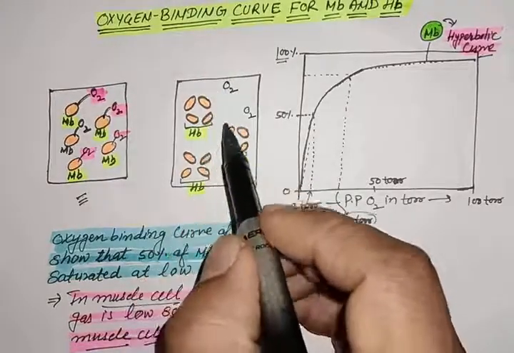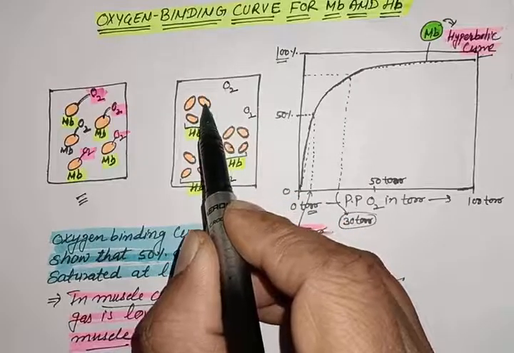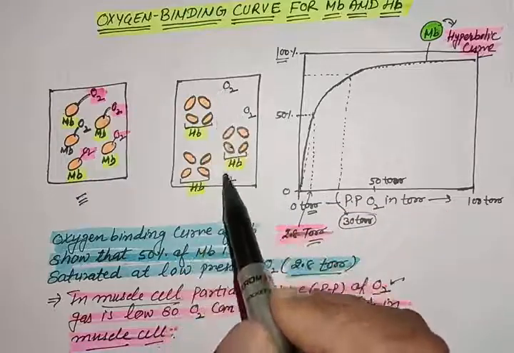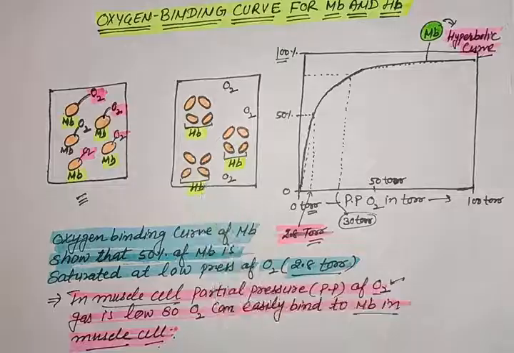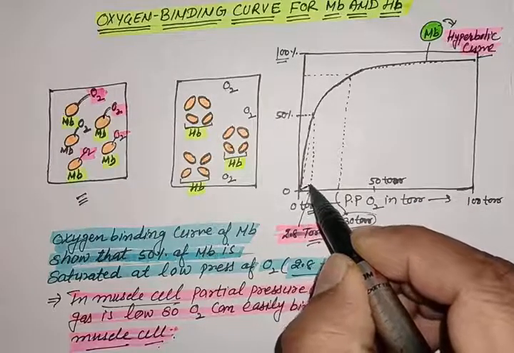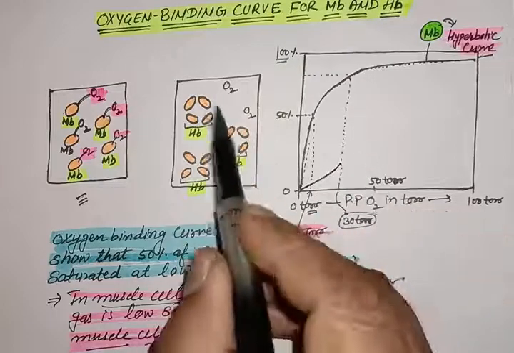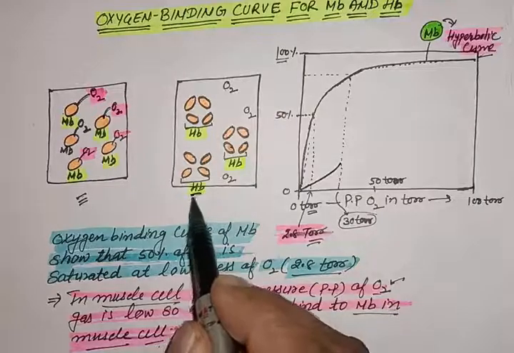These heme groups compete with each other to attach the oxygen molecule at their surface. So initially a large number of oxygen molecules are not able to attach to these heme groups, although the number of heme groups is more in the case of hemoglobin. So when we increase the pressure of the oxygen, the attachment of oxygen at the heme group is low, because of this competition between oxygen and the heme groups in hemoglobin.